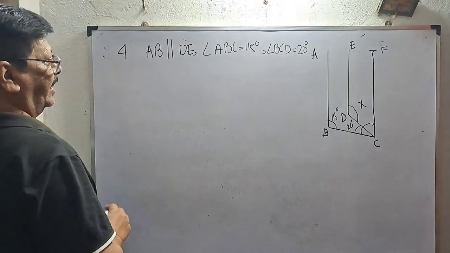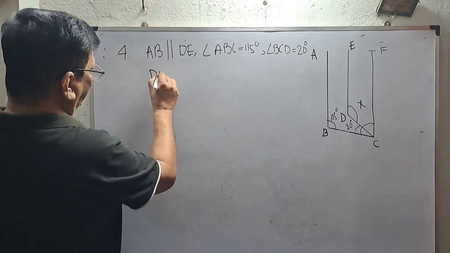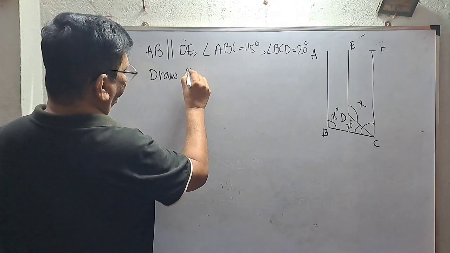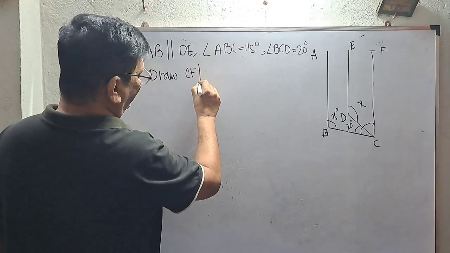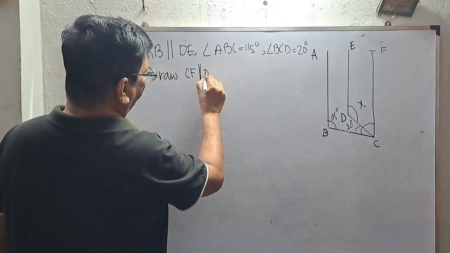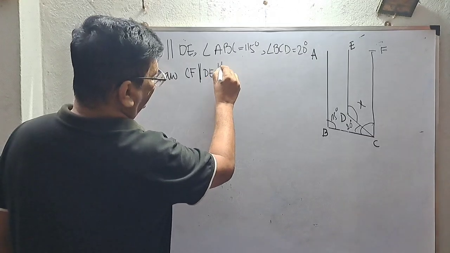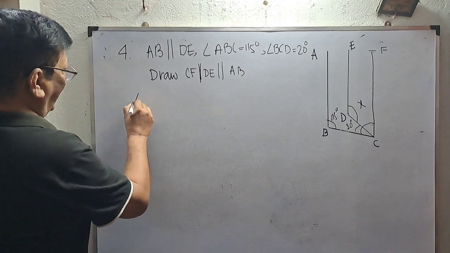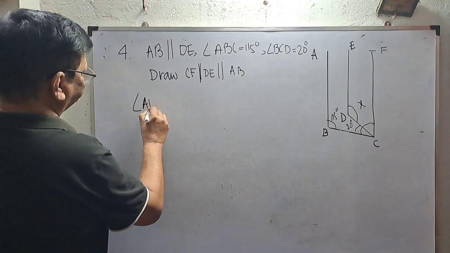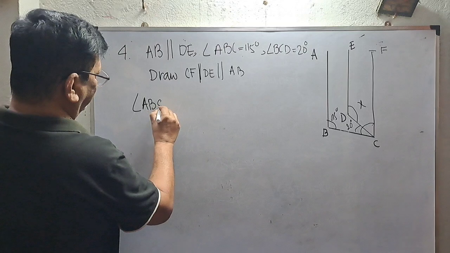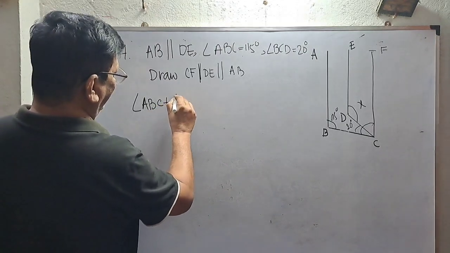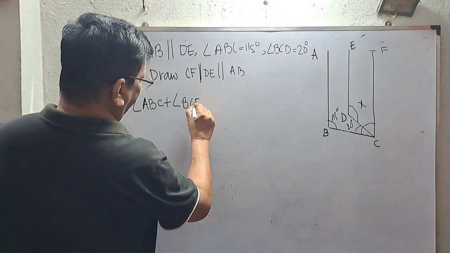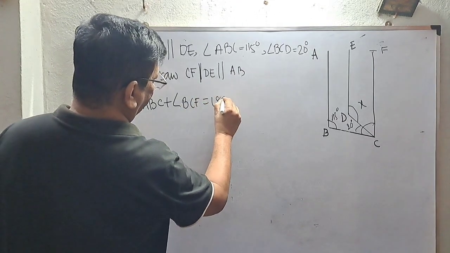In order to do that, draw CF parallel to DE, parallel to AB. Angle ABC plus angle BCF is equal to 180 degree.